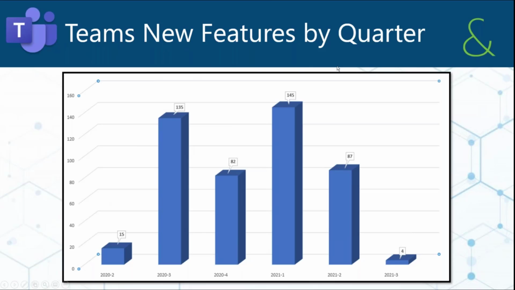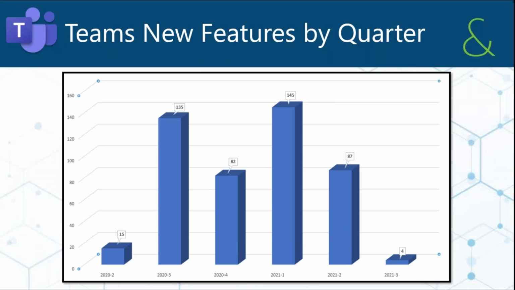So this is really what drove this series: the new features. My chart is showing that it's not stopping. There are already 87 new features announced to be released in Q2 of this year. These numbers are a little misleading because it's just a cumulative number.